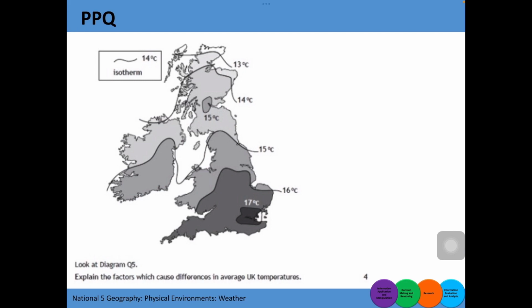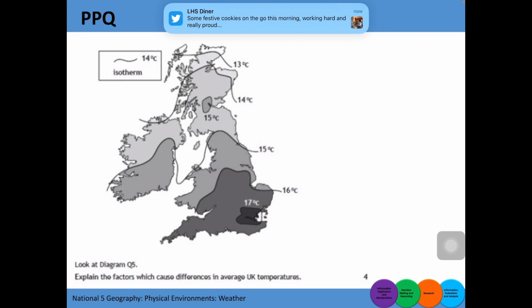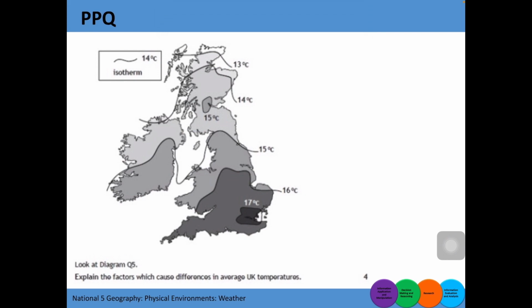Now, the key things we want you to say when answering this question, if you want to summarize what I just explained into 4 points, would be your L, latitude. The closer you are to the equator, the warmer it will be. The further away from the equator, the colder it will be. A, aspect. South-facing areas receive more insolation, therefore they are warmer.